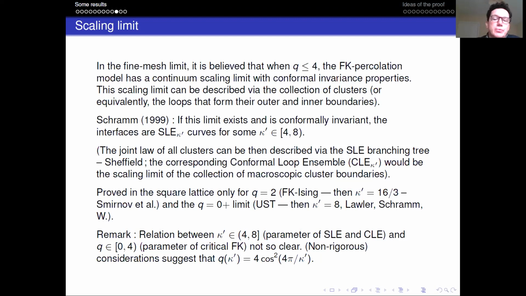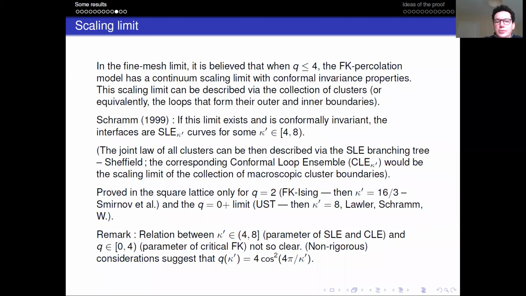There are various non-rigorous considerations, mostly originating from physics, that suggest that the relation is q equals 4 times cos squared of 4 pi over kappa prime. And you see that here we start getting some of these trigonometric functions back into the game. So in particular, you see that q will vary between 0 and 4.